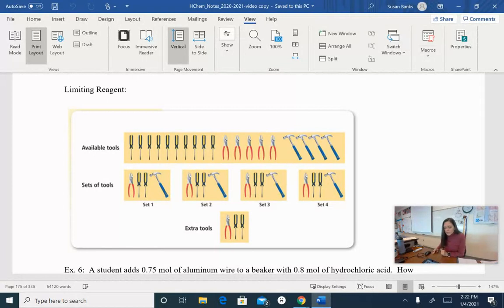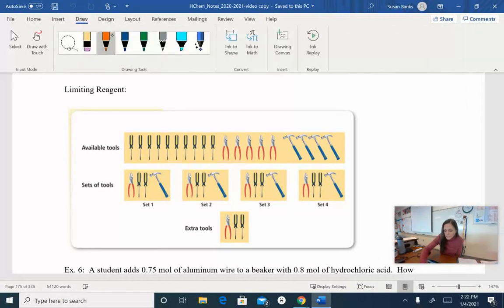For each toolkit, I want 2 screwdrivers, a Phillips and a flathead, a plier set, and a hammer. Let's figure out how much we can make from each thing.